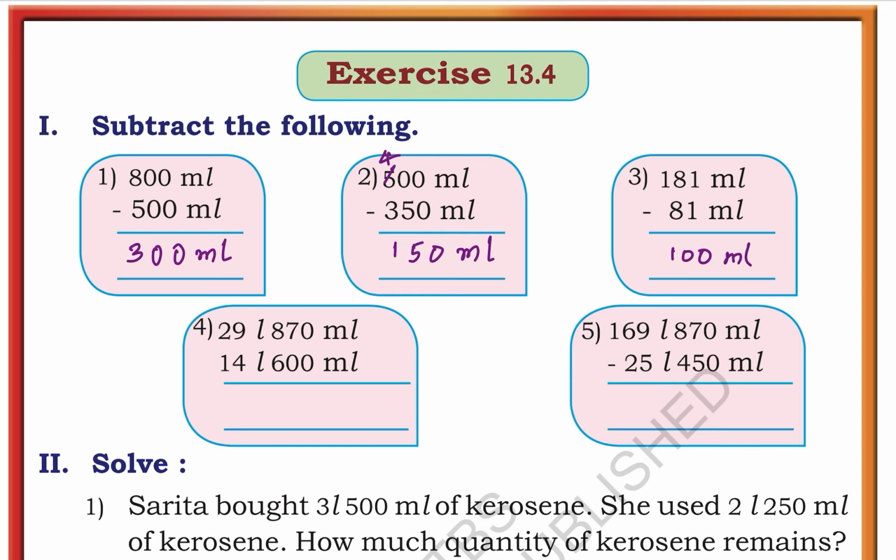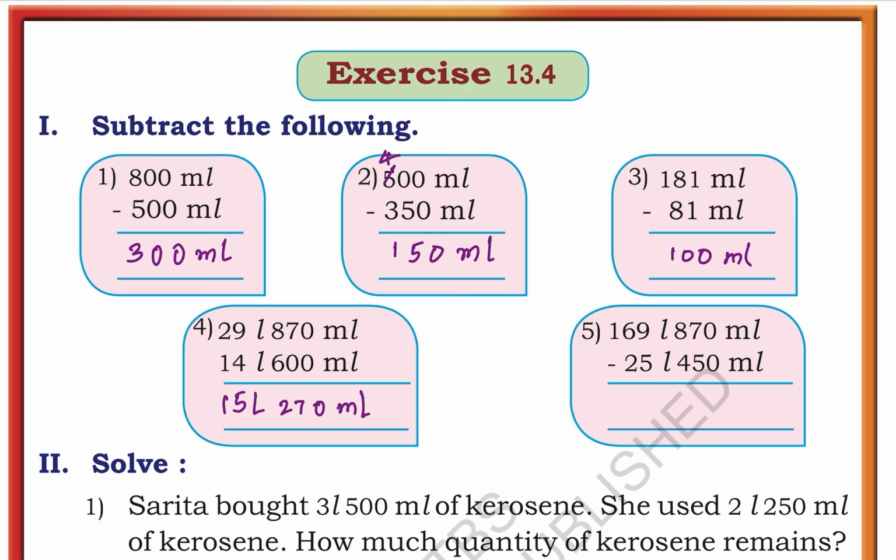Now, the question is in mixed units. First subtract the smaller unit, 0 minus 0 is 0, 7 minus 0 is 7, 8 minus 6 is 2, 270 ml. Now, come to the bigger unit, 9 minus 4 is 5, 2 minus 1 is 1 liter.